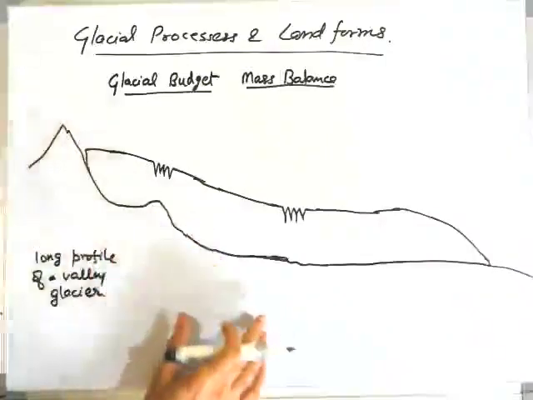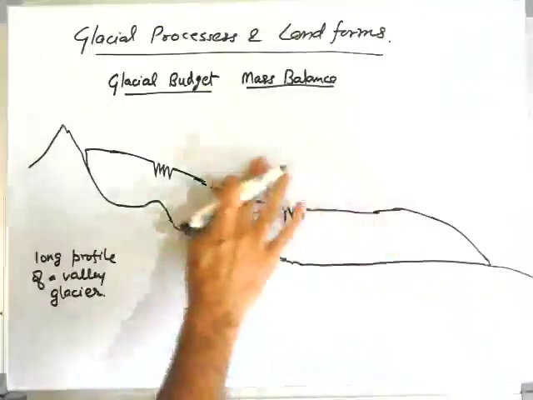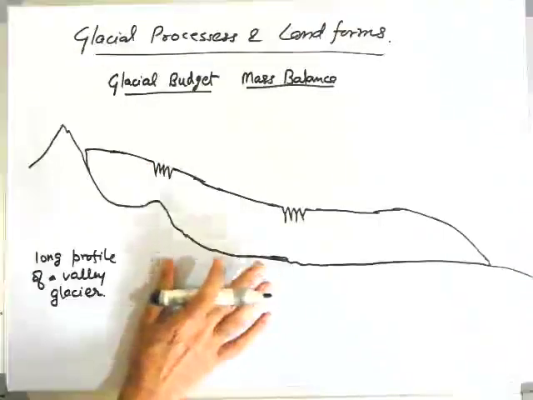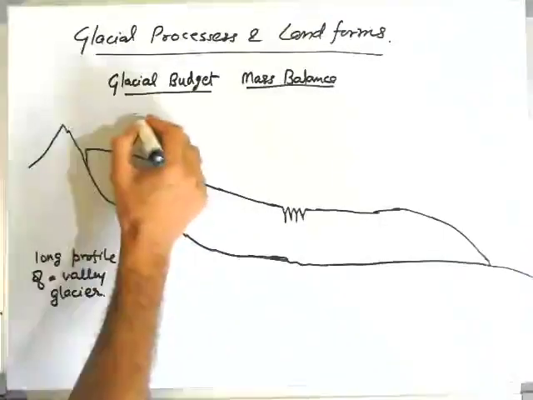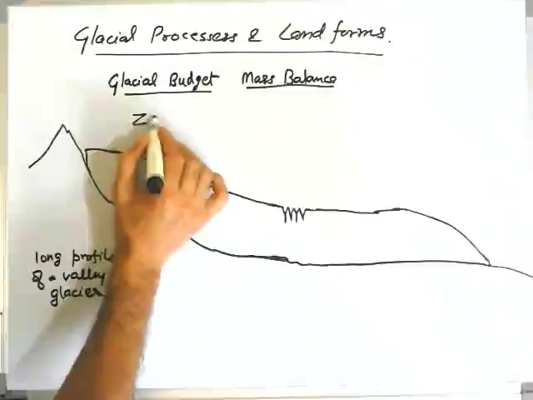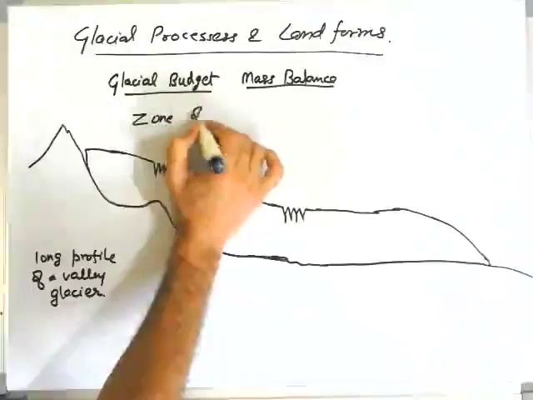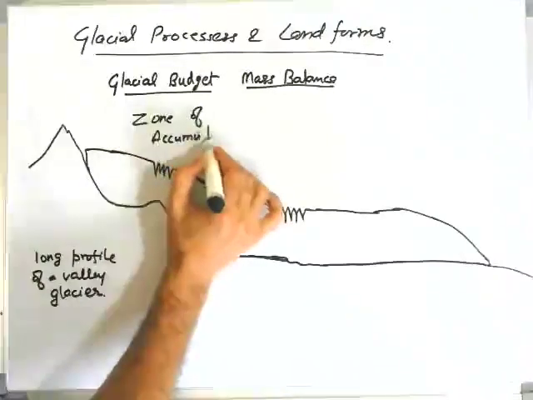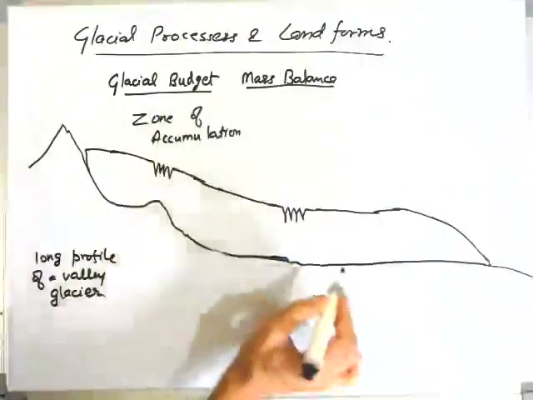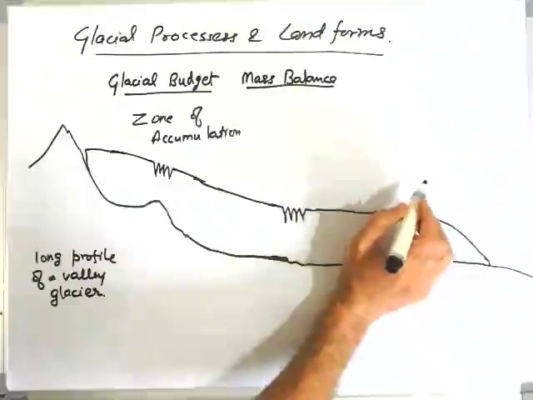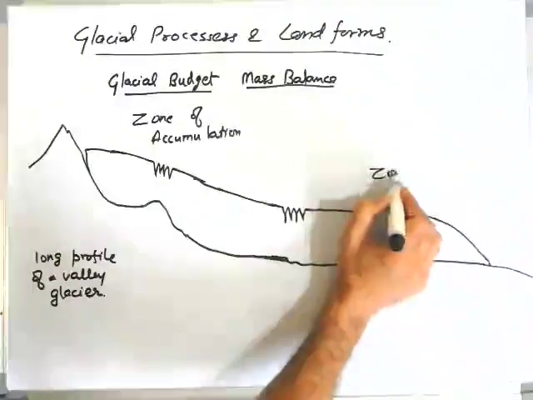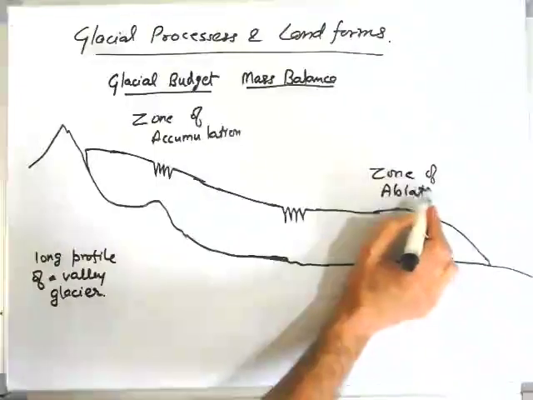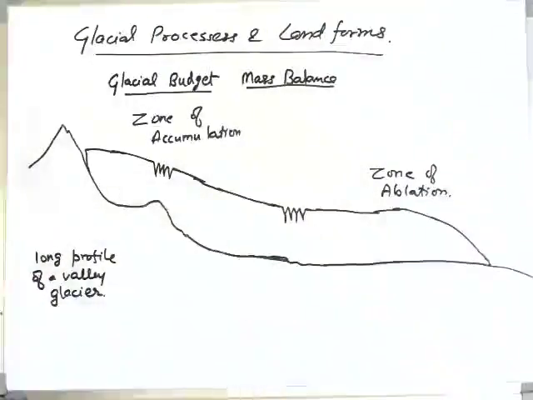So what we have to focus on over here is that there is a zone of accumulation and there is a zone of ablation. Usually the upstream portions are the zone of accumulation, and the downstream portions are the zone of ablation. What does it mean?